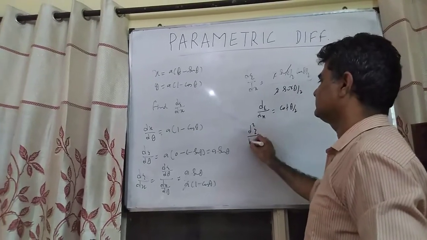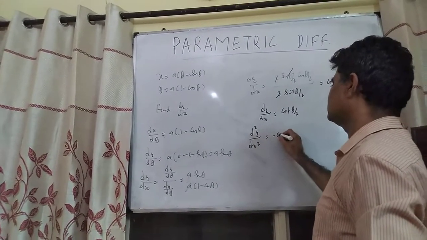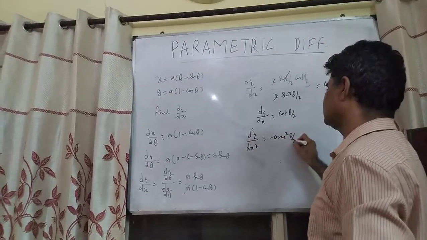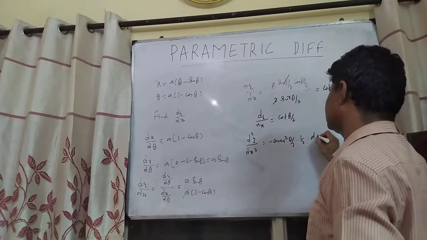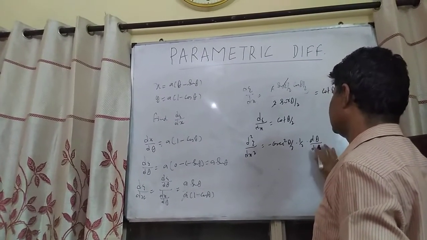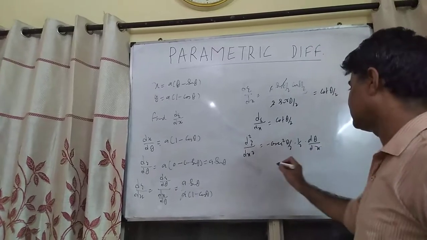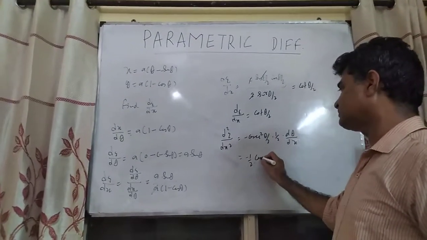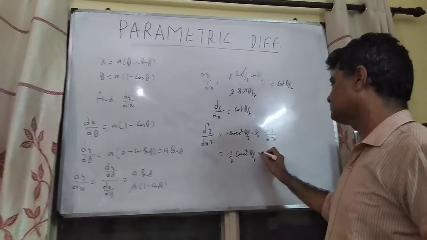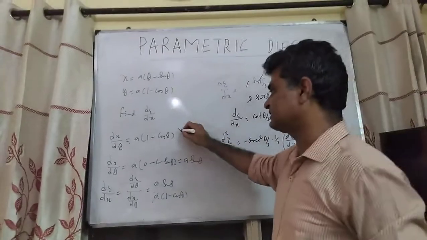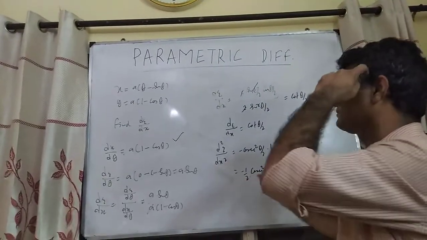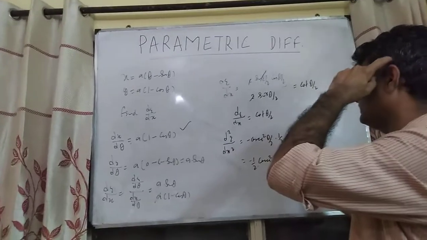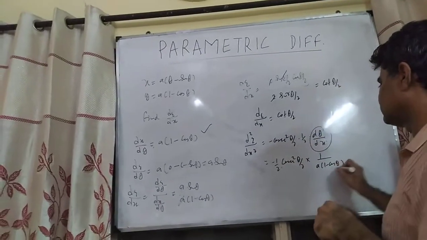Again we can do double differentiation. So this is minus of cosec square theta by 2 into 1 by 2 into d theta by dx. That you have to remember here. So this is minus 1 by 2 cosec square theta by 2, and the value of d theta by dx can be put from here. It is 1 upon a times 1 minus cos theta.